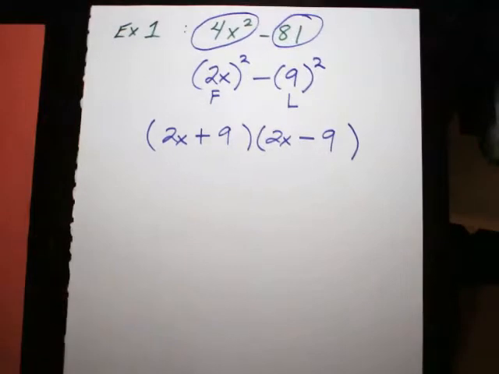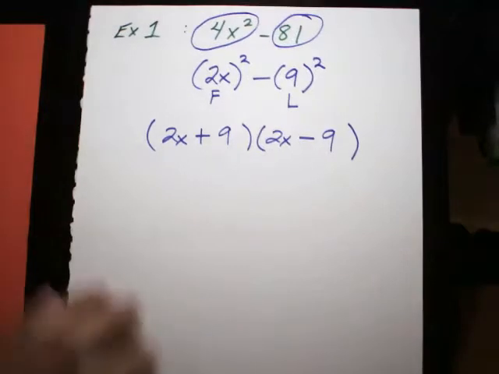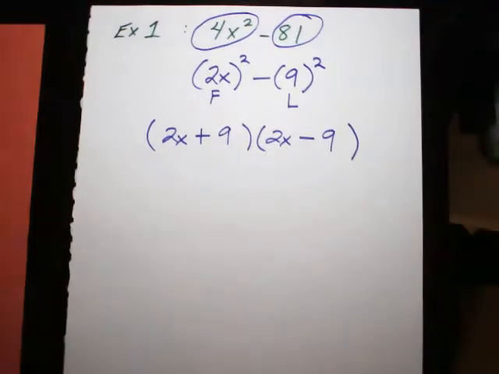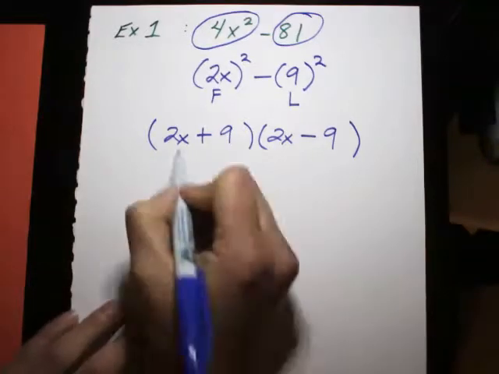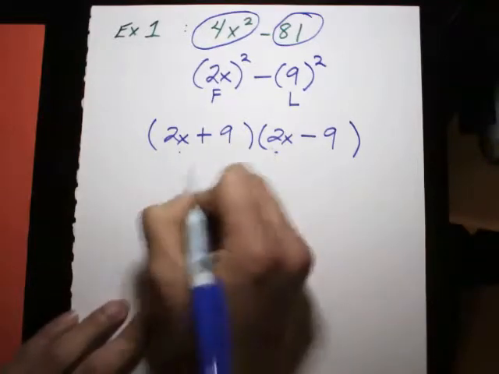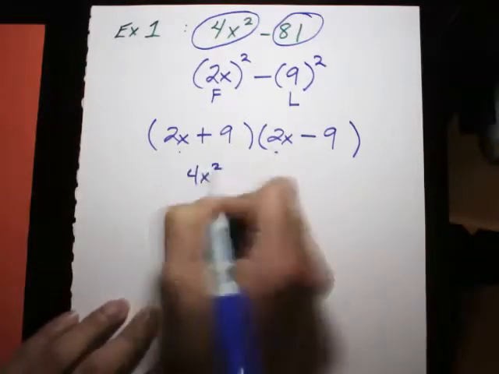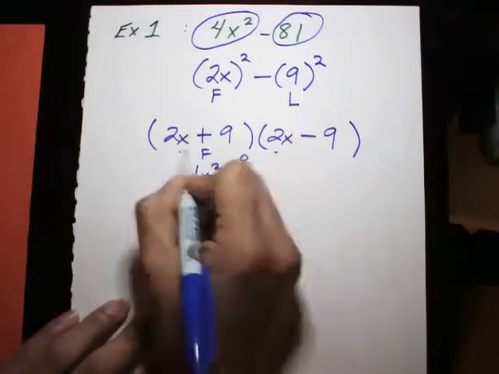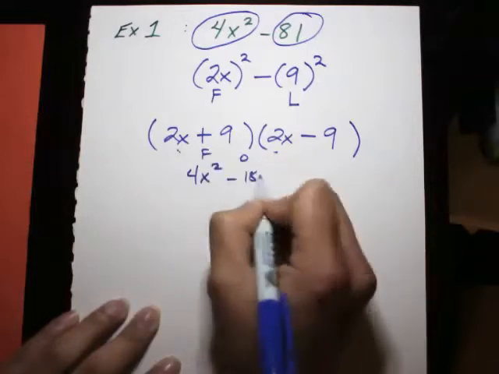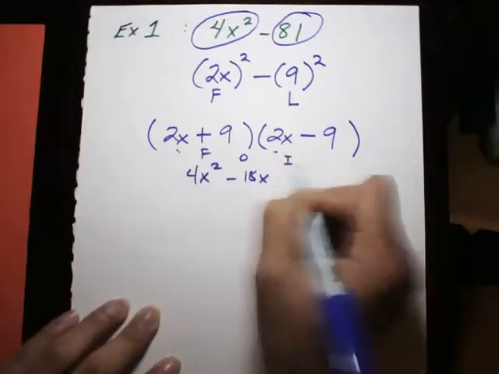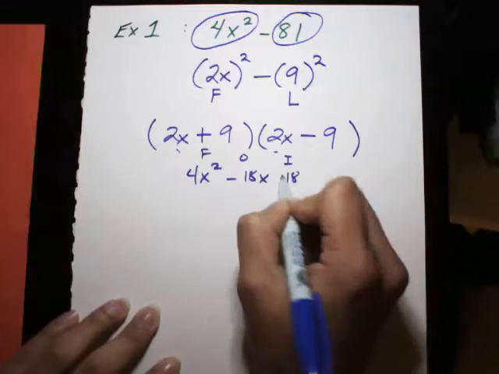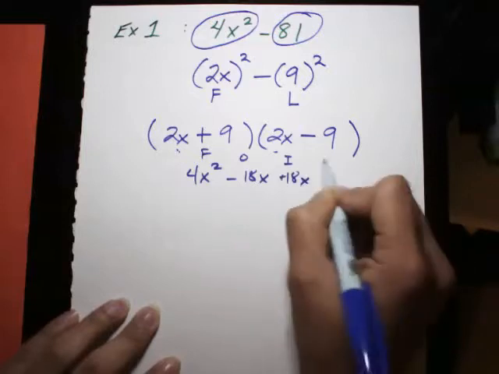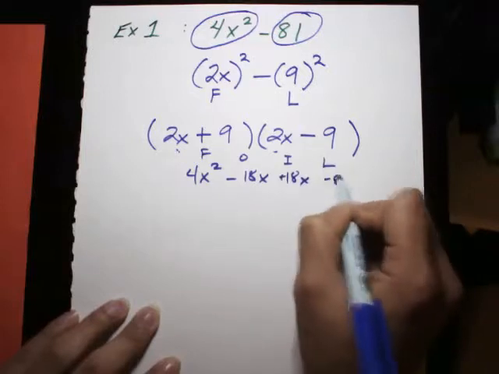The neat thing about factoring is that you can make sure that you have the right answer by multiplying and checking. You can do a double check. So first terms, 4x squared. Outer terms, negative 18x, inner terms, positive 18x, and the last terms, negative 81.